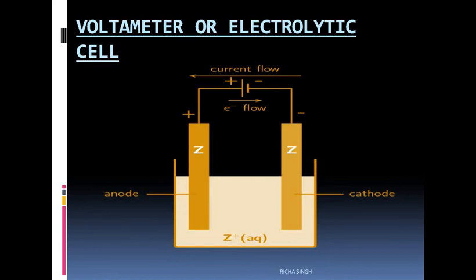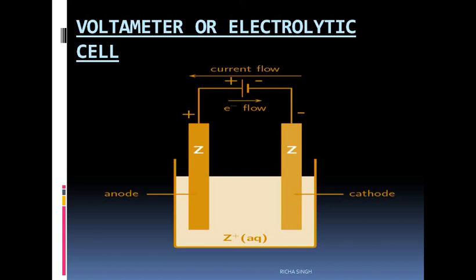The last term for today is voltameter or electrolytic cell. A voltameter can be any glass or plastic container which has three important things: two electrodes and one electrolytic solution. Then it is called a voltameter, also called an electrolytic cell.